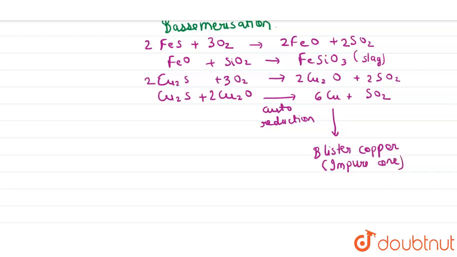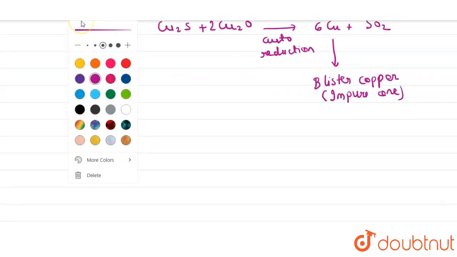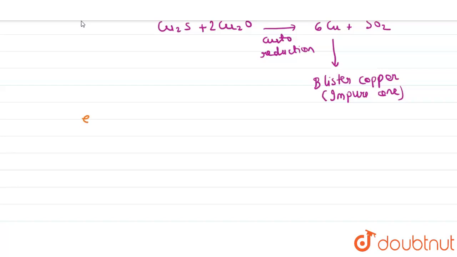Now, in order to purify the copper, what we employ is electrolytic refining, which is the second part of the question. So now let us discuss electrolytic refining.